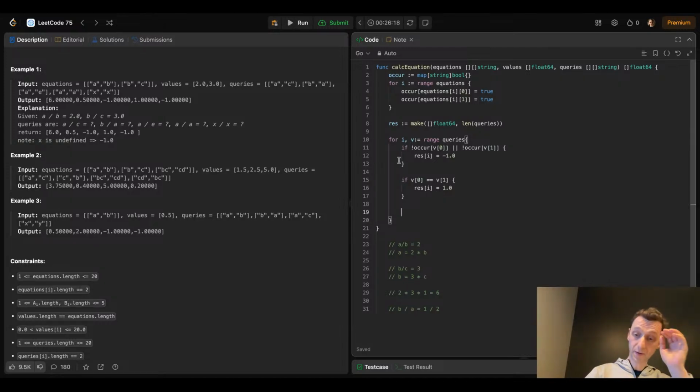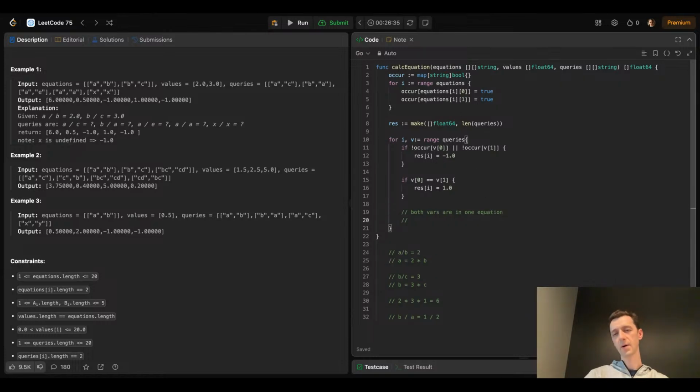There are other cases where both variables are in one equation, and where variables are in at least 2 different equations.